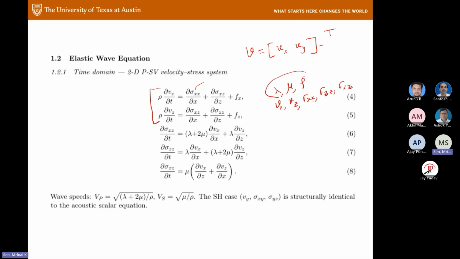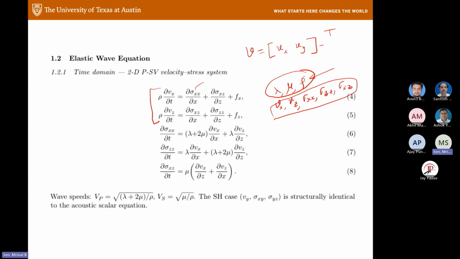So we need three parameters for describing the model. And to compute the wave field, I need to basically propagate 1, 2, 3, 4, 5, so 5 variables, okay? Now in 3D, this becomes 9 because you have 3 components of velocity and 6 components of stress.